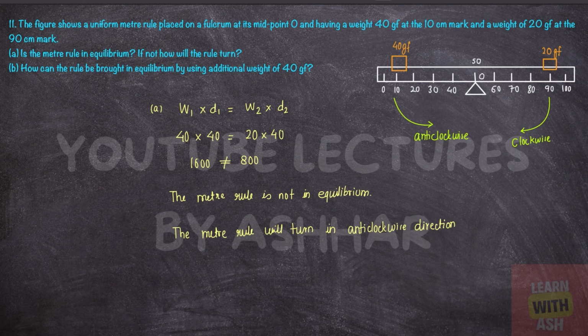After that, they are asking us, how can the rule be brought in equilibrium by using an additional weight of 40 gram force? For this meter rule to be in equilibrium, we can see that the difference between these two is 800. If I want to make them in equilibrium, I need to cover up that 800 gram force difference.